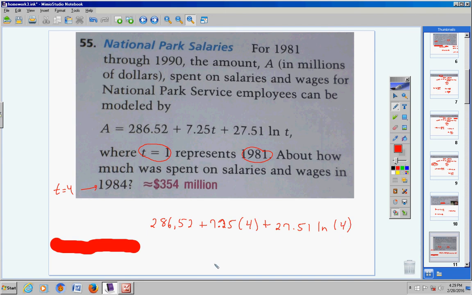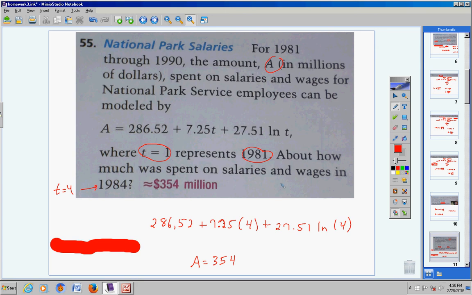And you'll get approximately 354, but remember, that's in millions, because it says A is in millions of dollars. So there it is, you found it. That is the amount that is spent on salaries and wages in 1984 for the National Park Service employees.